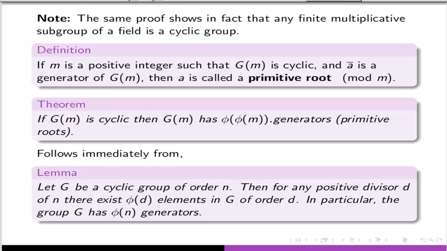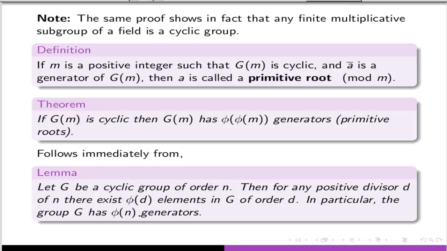And this follows immediately from a more general lemma. If you have any cyclic group of order n, then for any divisor d of n, there are phi of d elements in the group of order d. So in particular, if we want to count the number of generators for the group, you want elements of order n, there would be phi of n generators for the group.